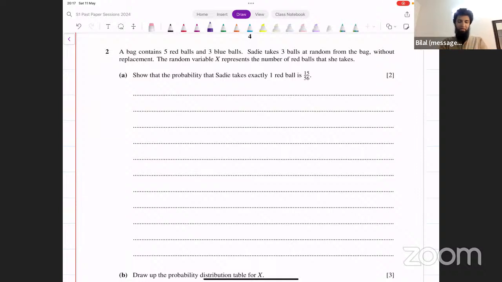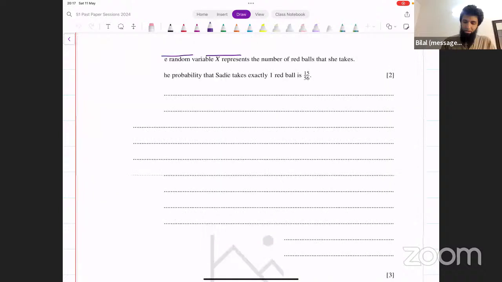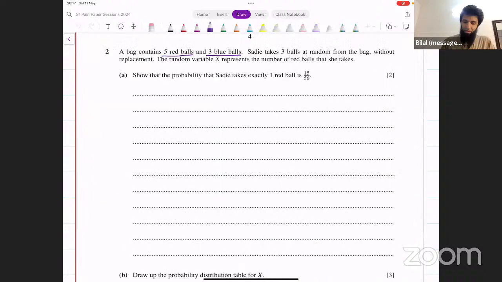Okay, so it says a bag contains 5 red balls and 3 blue balls. Again, just a reminder, in S1, please make sure that you take your time to read the question statement. Do not rush into just starting with the solution. Read the question statement very carefully and a bit slowly, and that will help you not make many careless errors.